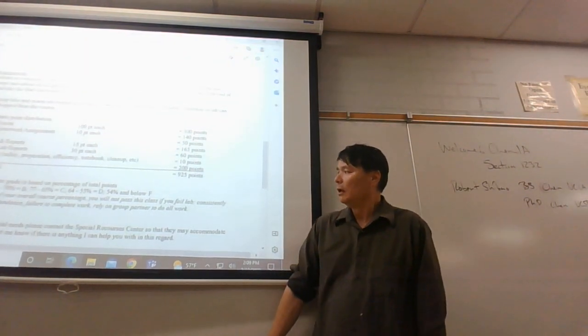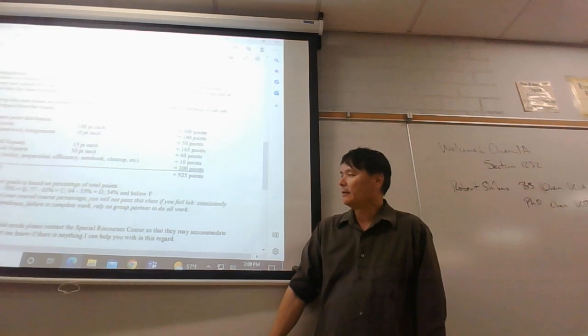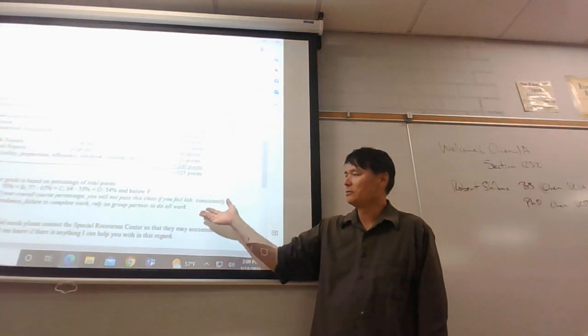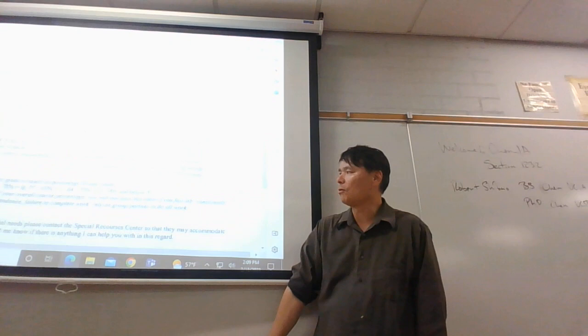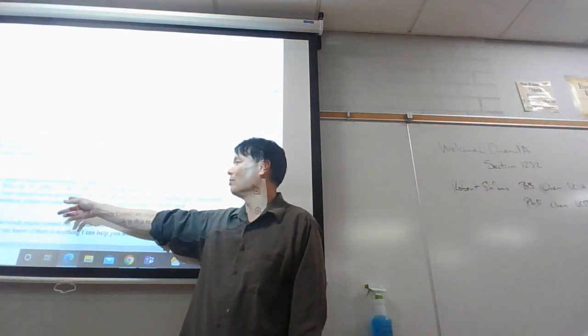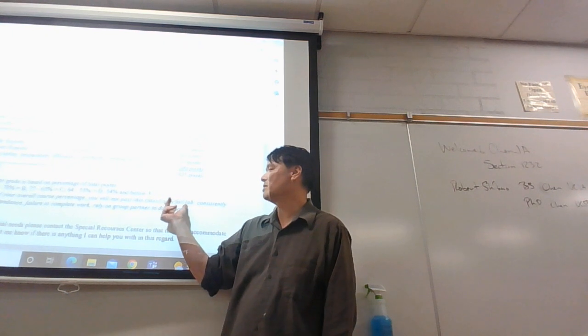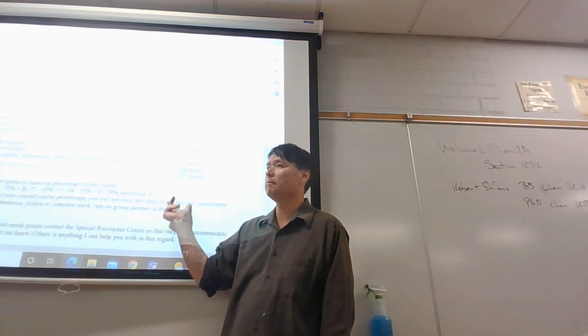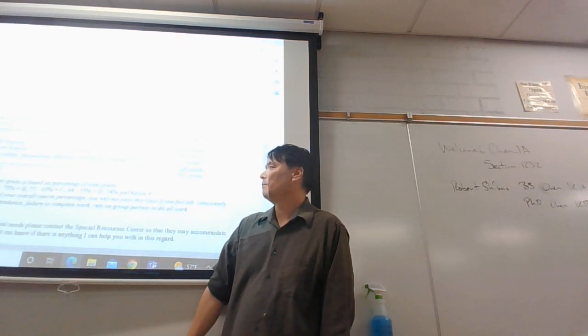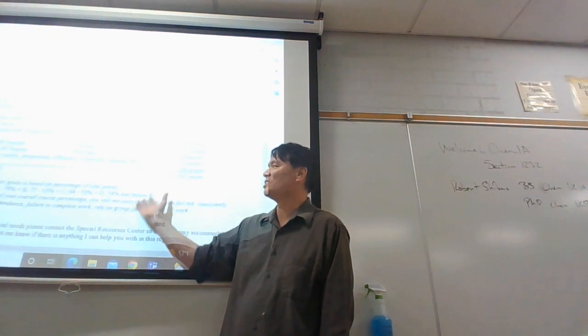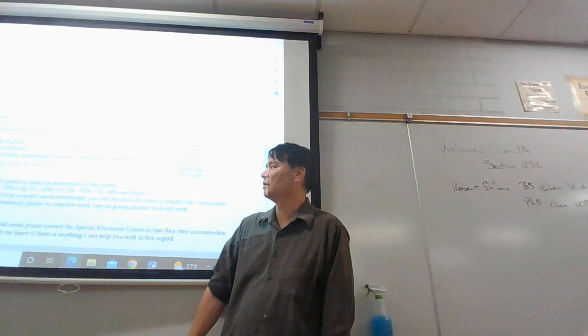Well, UCLA and the UCs and CSU system in general make us require that regardless of your overall course percentage, you will not pass this class if you fail lab. And so they don't want anybody who's failing lab to continue on to transfer.